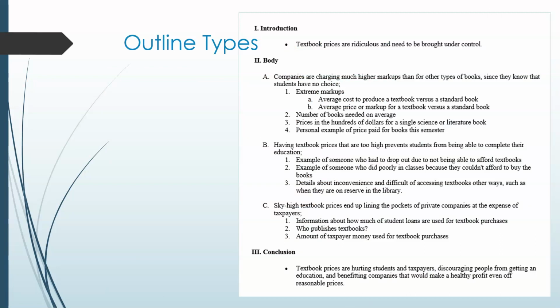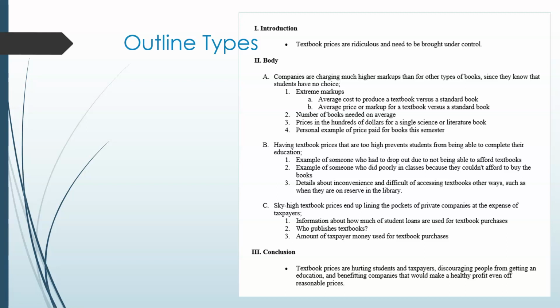Here you can see the image of the standard alphanumeric outline from pages 43 and 44 of the textbook. It starts with the Roman numeral 1 for the thesis, which is that textbook prices are ridiculous and need to be brought under control.